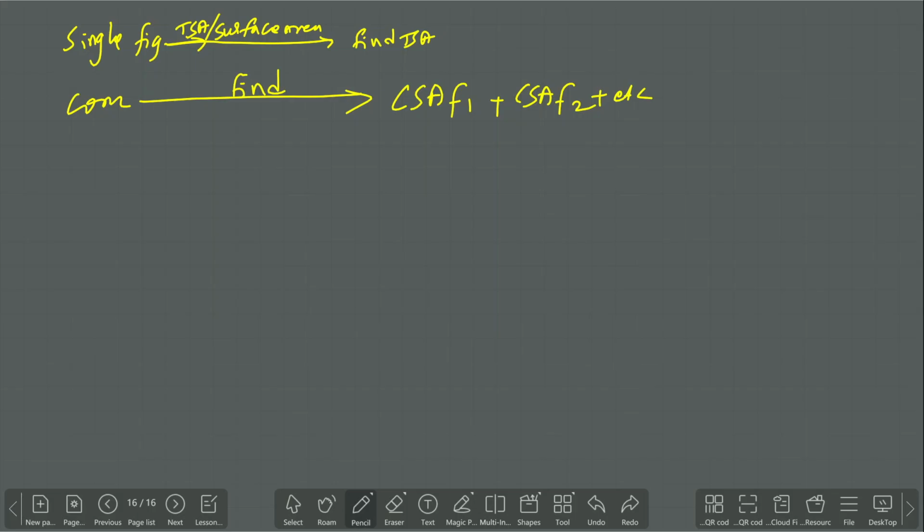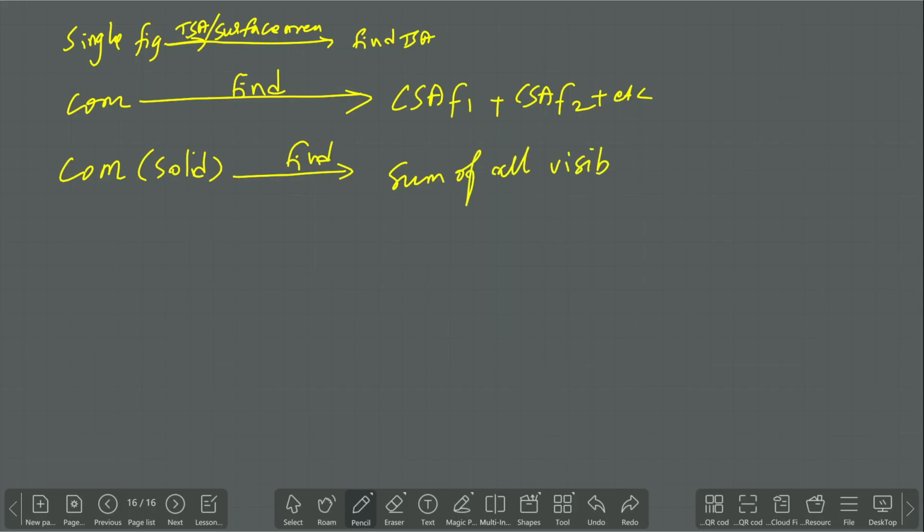In the same combination, if the word solid is there, we always have to find the sum of all visible areas. Sum of all visible areas, we have to go. That is very important. Understand? So these 2 things you have to remember here.